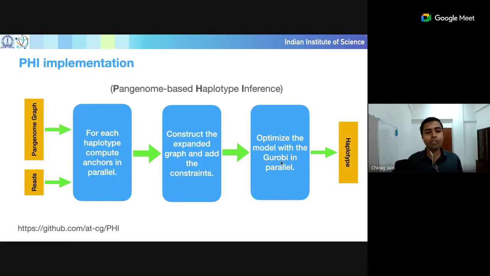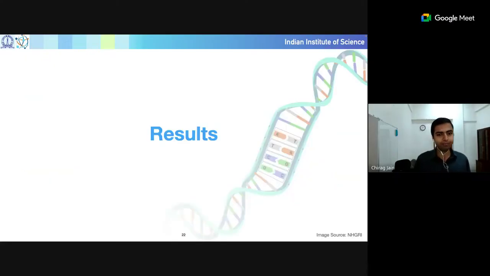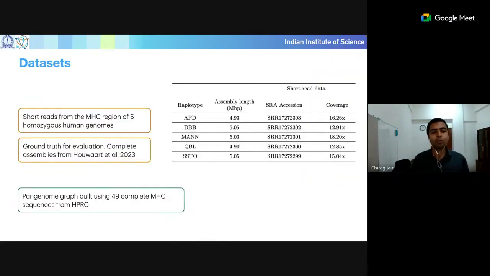So let us see how this method compares to existing solutions for the genotyping problem. Let me walk you through the experiments that we did. This is an integer programming framework, so right now it's not scalable to the entire human genome, but it scales to specific regions of the human genome. So we focused on the MHC region, which is the polymorphic region on chromosome 6.